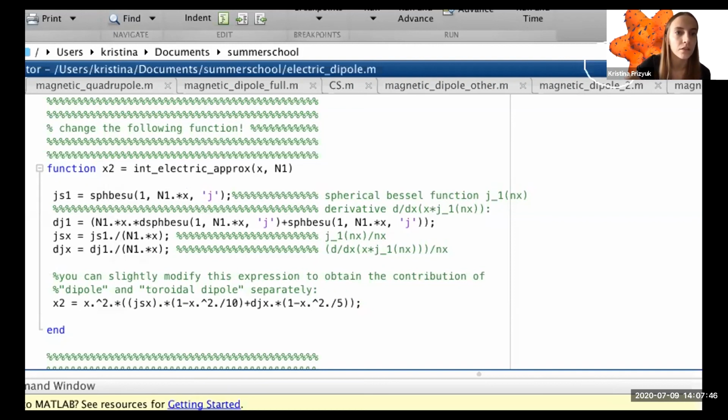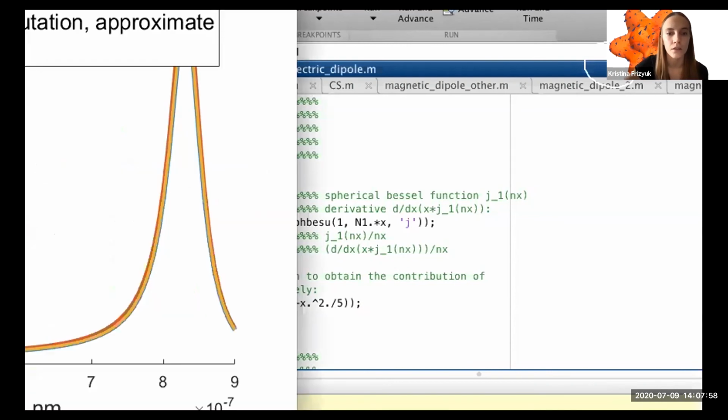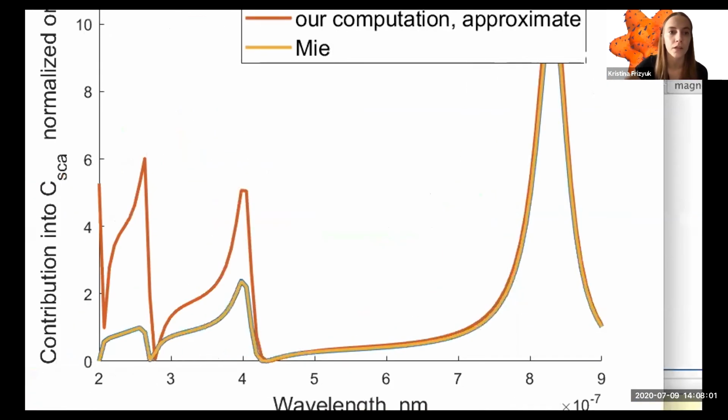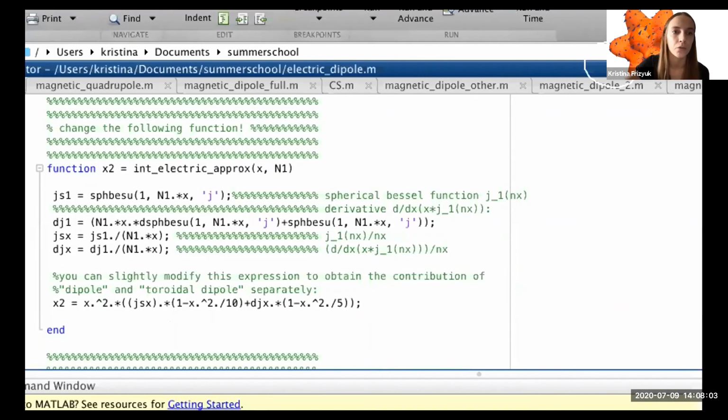I will check the chat. Wait for a second. Yakov. Okay. Excellent. You got it. And now you see how simple it is to transform an approximate formula into an exact one.